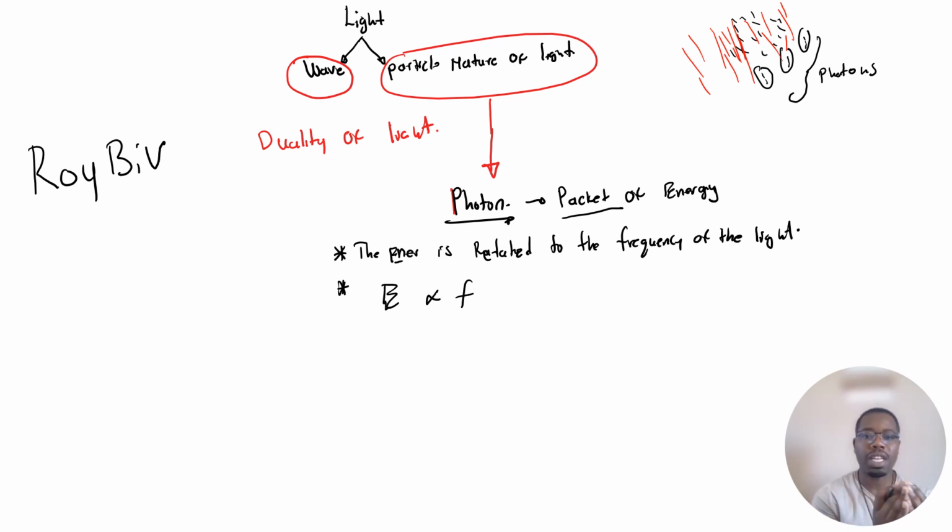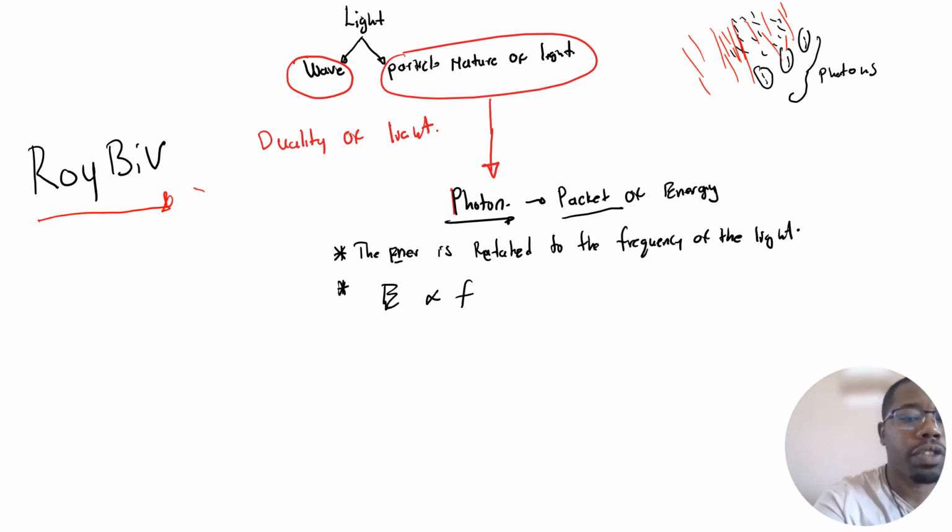The energy of a photon is directly proportional to the frequency of light. So as we move toward violet, we are increasing the frequency and the energy, meaning violet light will have the highest energy as compared to red light.